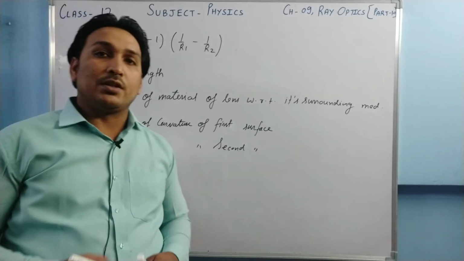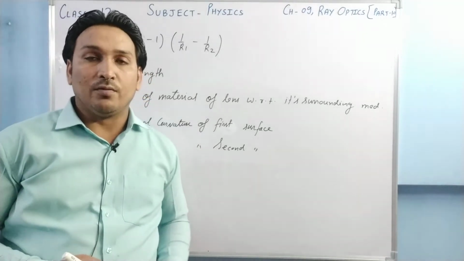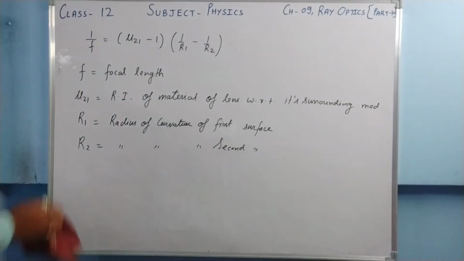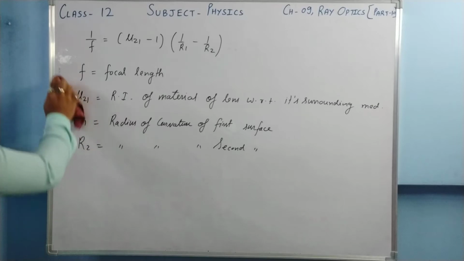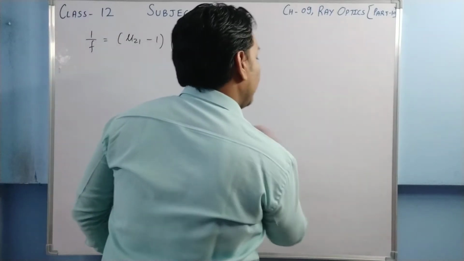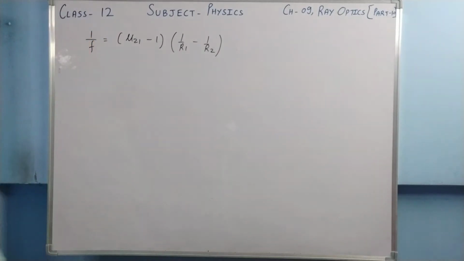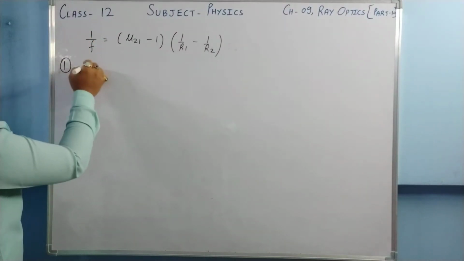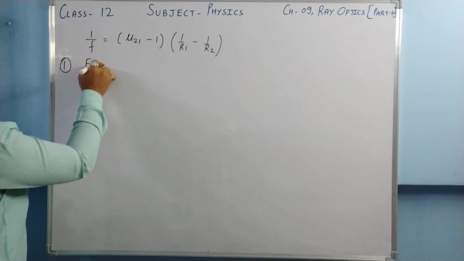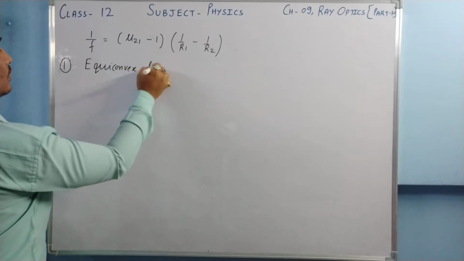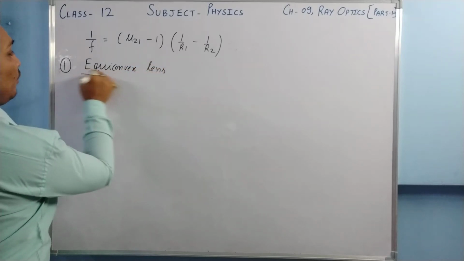Today we are going to understand how to apply the lens maker formula to various kinds of lenses. Okay, so let us try to apply. The very first lens we are going to take is the equiconvex lens.